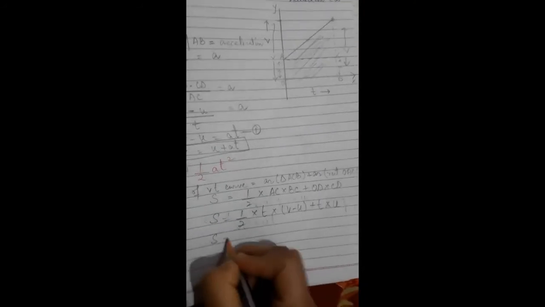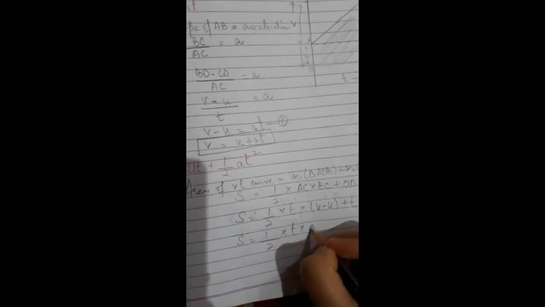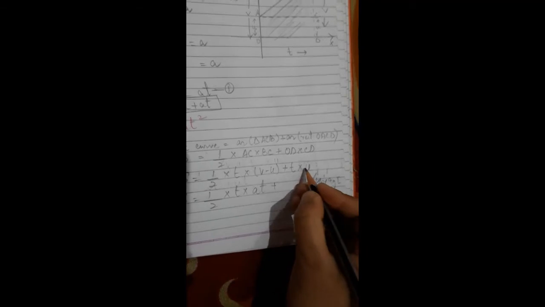Then OD is time again, and CD represents U. So S is 1/2 into T into V minus U. From the first equation, V minus U is equal to AT, so instead of V minus U, I can write AT. Then U into T, that is UT.